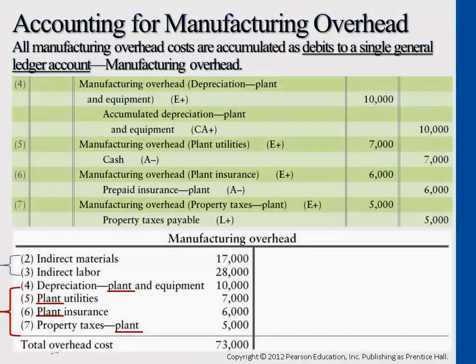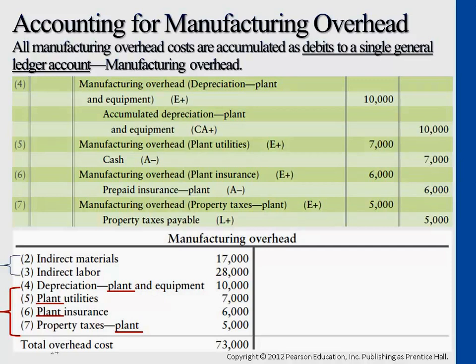Okay, so for overhead, we just talked about there are all other remaining overhead costs. So besides indirect material, besides indirect labor, we may also have plant assets that we need to depreciate. And we definitely rent a place, and we have to pay rentals. We have to pay utilities when we use electricity, water, heating systems, insurance on plants, facilities, property taxes.